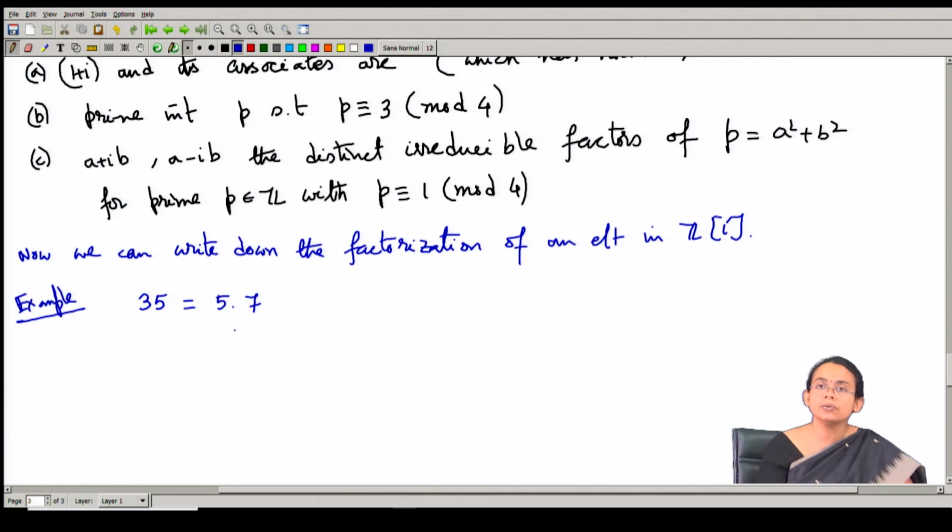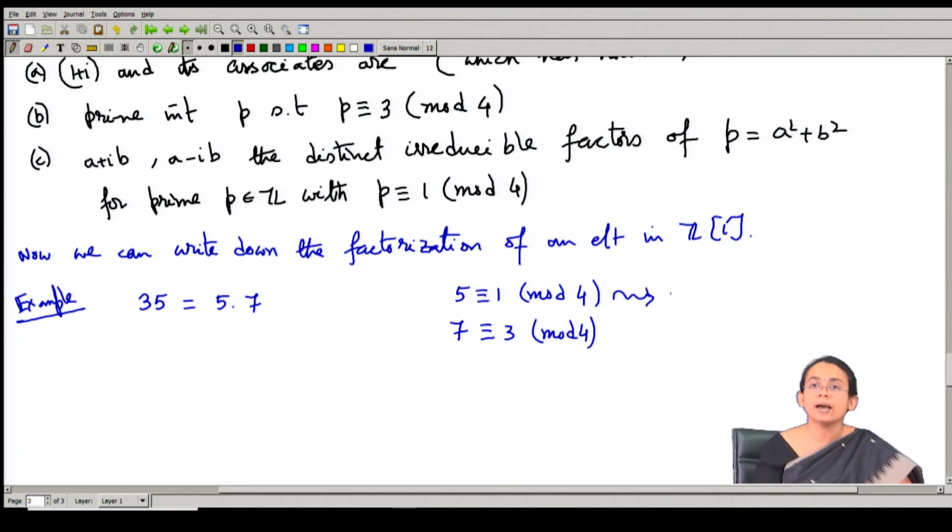What criteria will we use? 5 is congruent to 1 mod 4 and 7 is congruent to 3 mod 4. This implies that 5 is not a Gaussian prime, whereas 7 is congruent to 3 mod 4, that means 7 is a Gaussian prime.